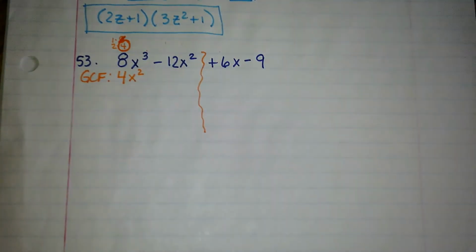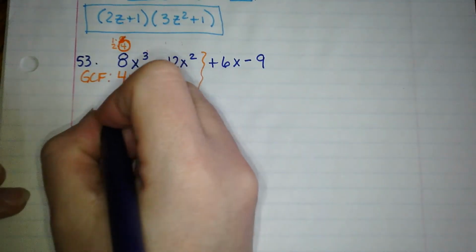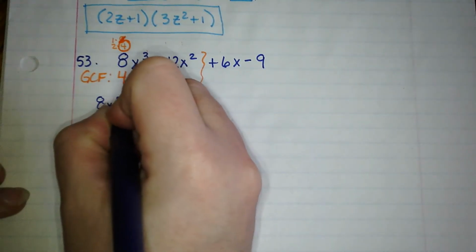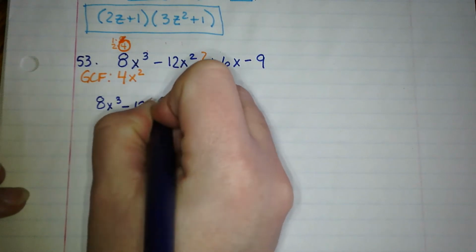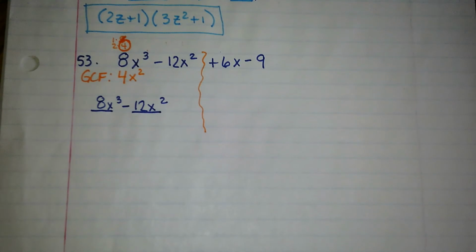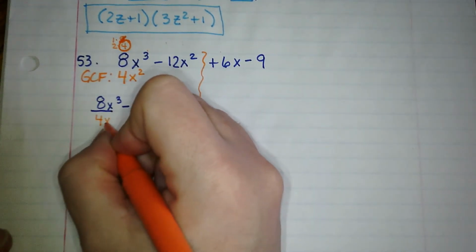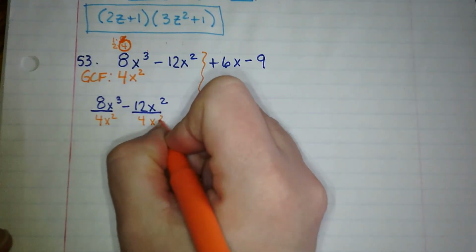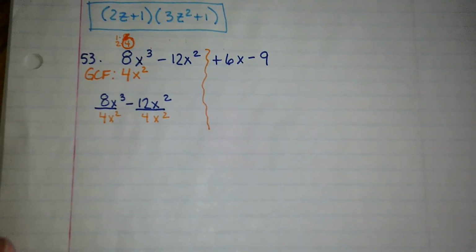Then we divide. We're going to take our 8x to the third minus 12x squared, and divide them both by that GCF. That's going to give us what's on the inside.